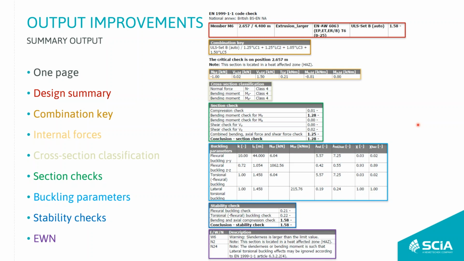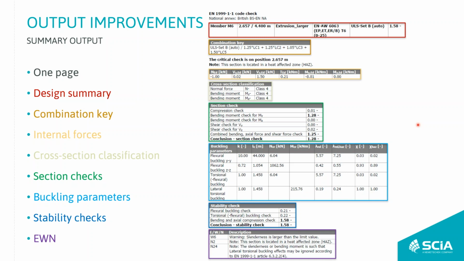So that is what we did for the improvements of output, which should help you to orient more easily in our output, and that you should be able to easily find the information which you need.